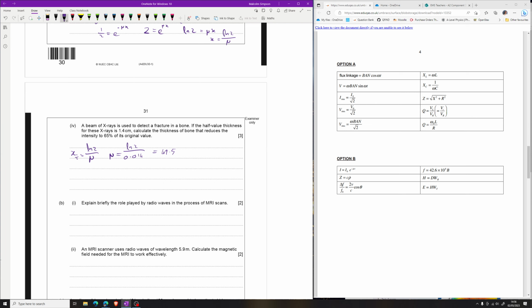And then the next thing to say is that I is 0.65 I naught, and that is equal to I naught e to the minus mu x. So those can cancel out of that equation.